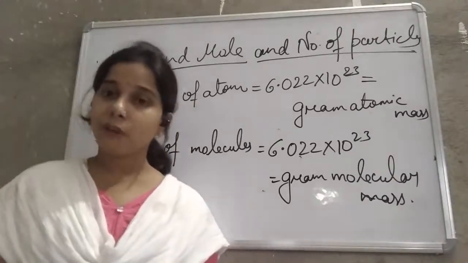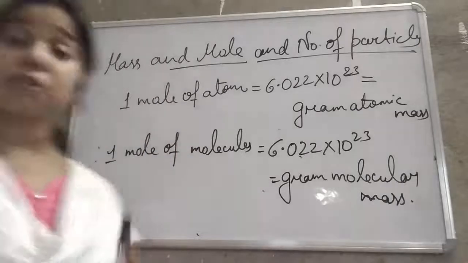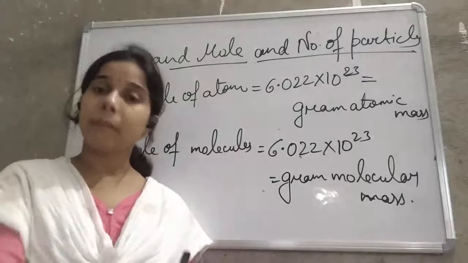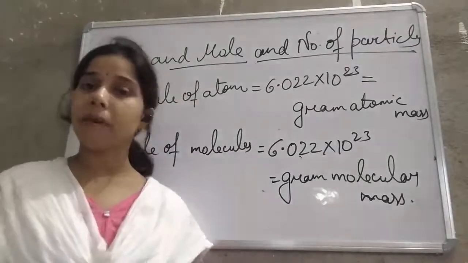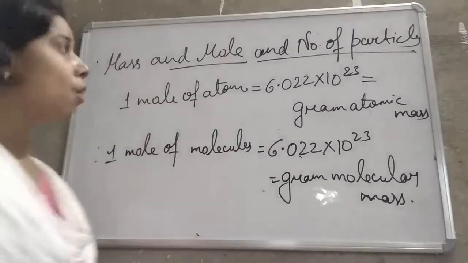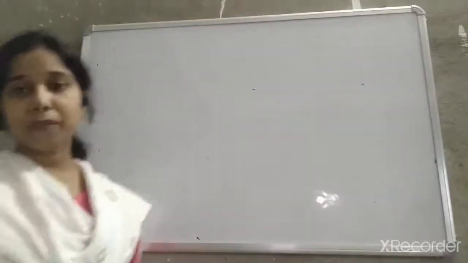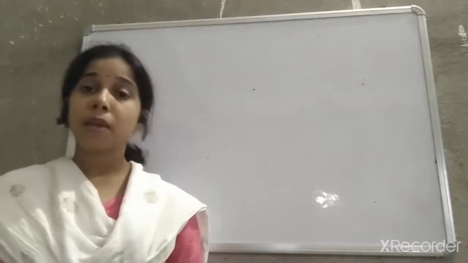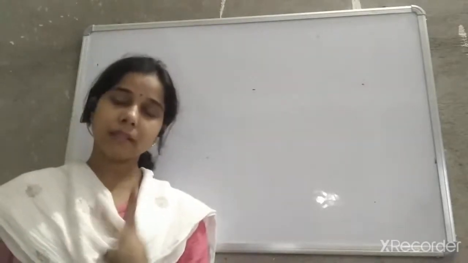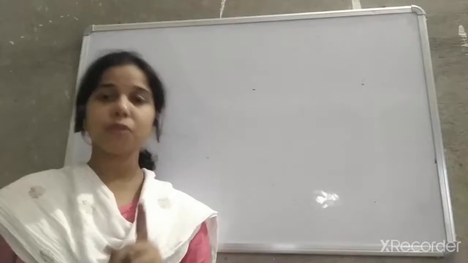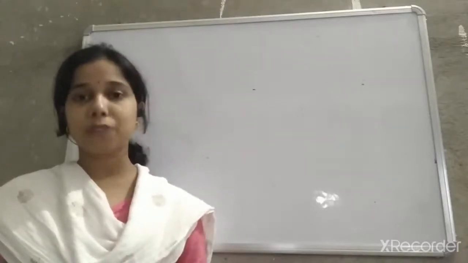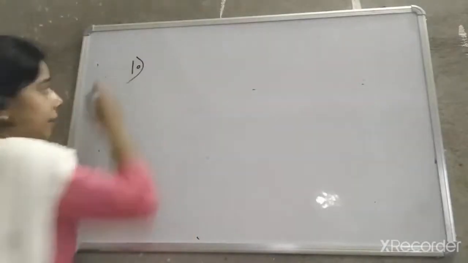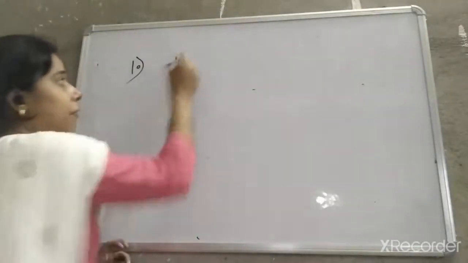Now there are some formulas that we will see, students, which are very important to find the number of moles, to find the mass, as well as to find the number of particles in a given atom or molecule. Now when we talk about the numericals related to finding the number of moles, basically two formulas are very important. So the first formula is to find the number of moles.